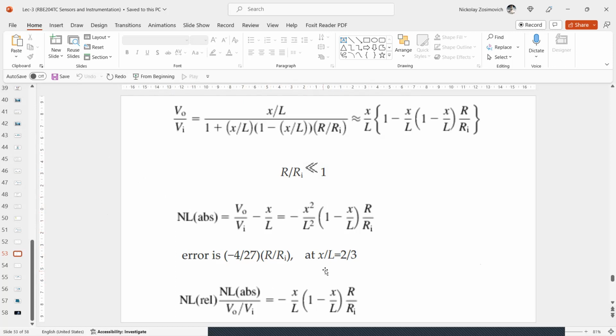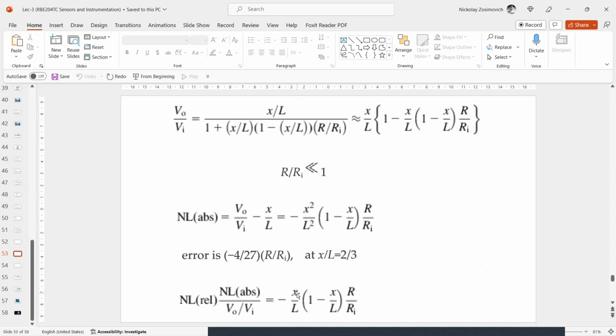And this error adds up to the intrinsic nonlinearity error of our sensor, which is due to unevenly binding or inhomogeneity of wire or film material. The relative nonlinearity, if you can see the last equation, from which follows a maximum relative deviation of minus 1 over 4 R over Ri, occurring at the position when X over L is a half.